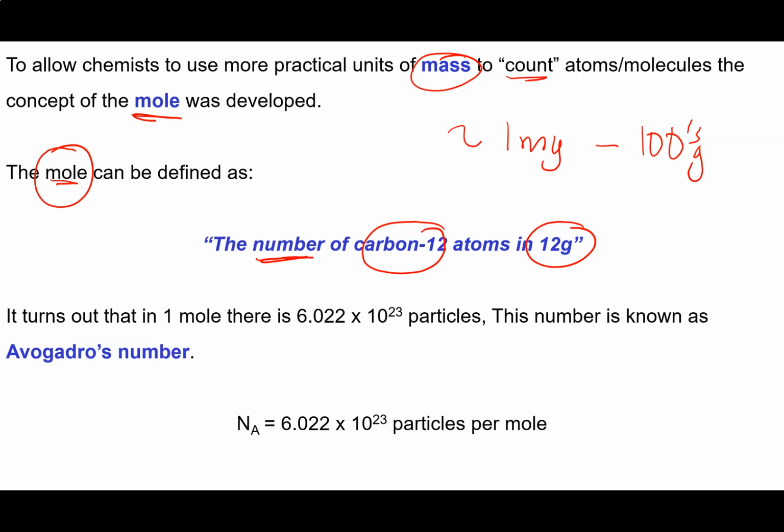Whatever the mass of one thing in AMU is, that is the mass of 1 mole in grams. So remember we said that 1 carbon-12 atom weighs 12 AMU, and 1 mole of carbon-12 atoms weighs 12 grams, and that applies for any object.